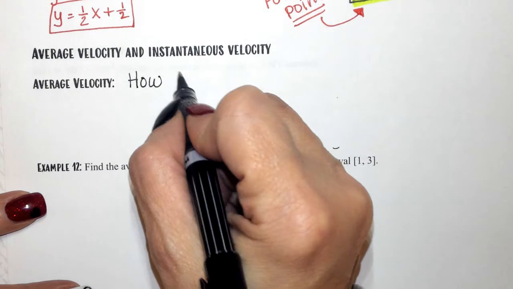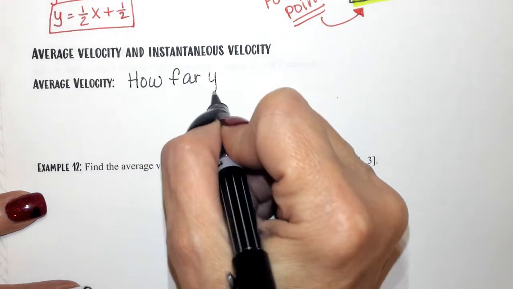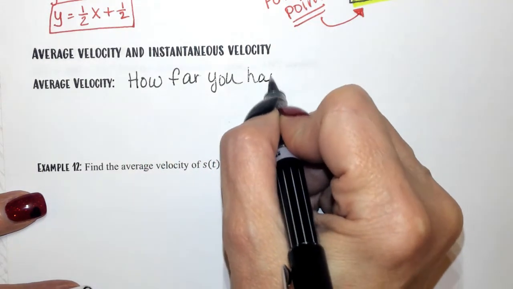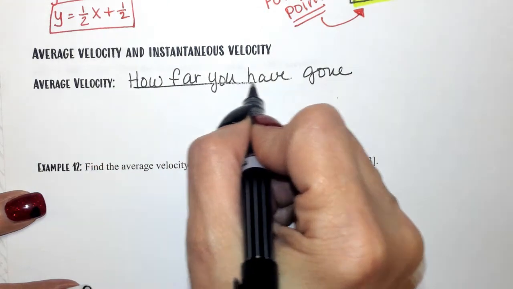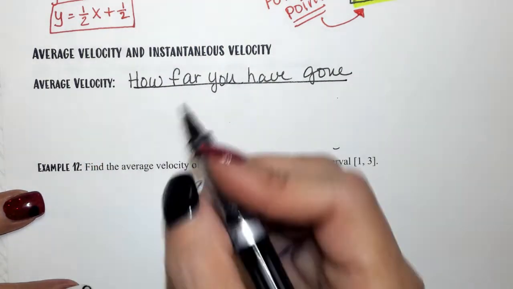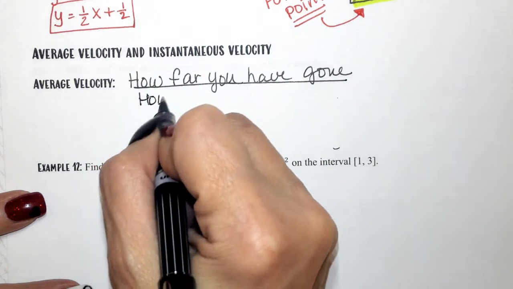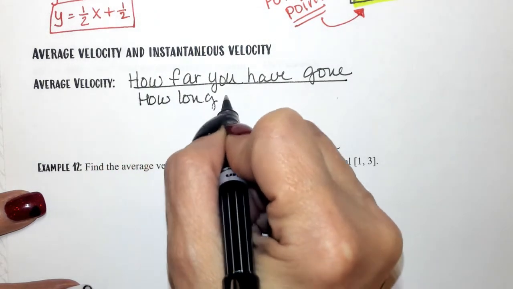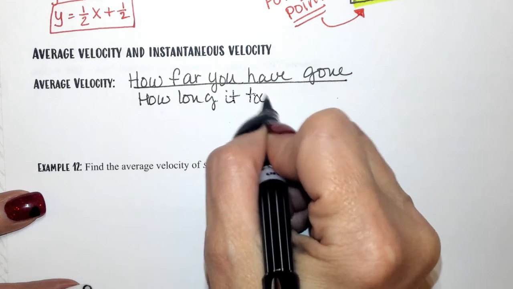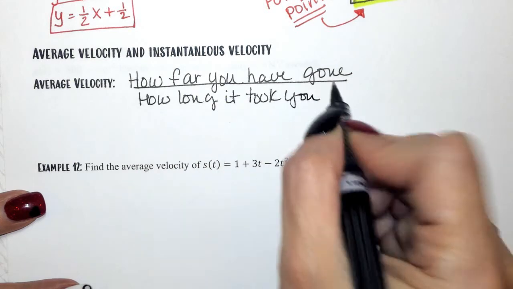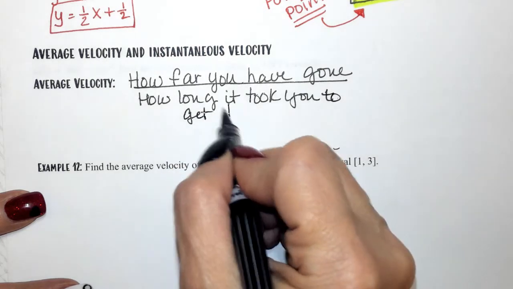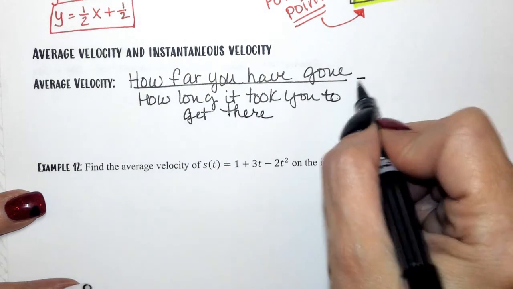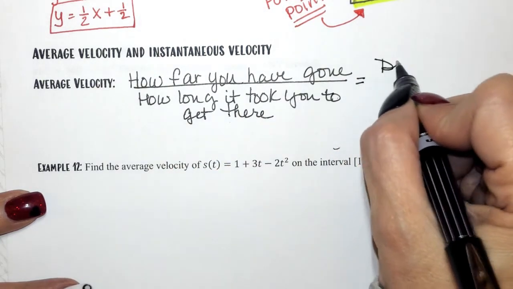How far you have gone divided by how long it took you to get there. Or we could just say displacement over time.